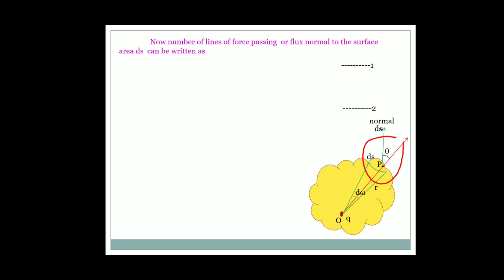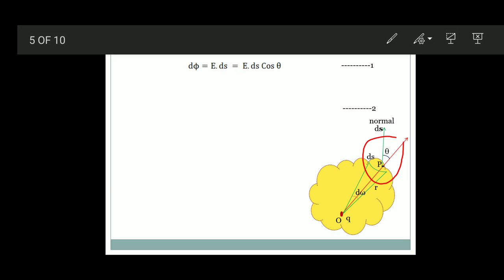That is equal to d phi equal to E into ds, because E is the intensity of electric field and ds is the area. So d phi is equal to E dot ds, according to the electric flux definition. We know the angle between E and ds is theta, so d phi is equal to E ds cos theta. That is taken as equation 1.